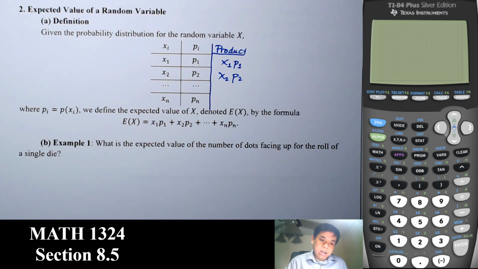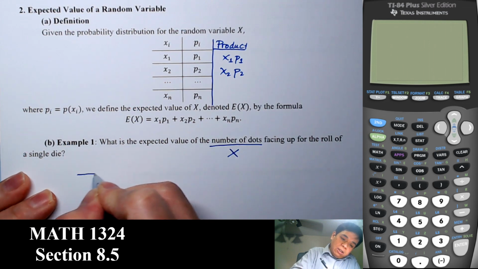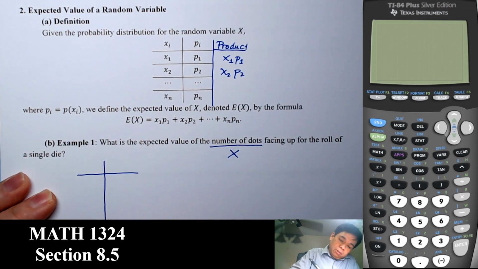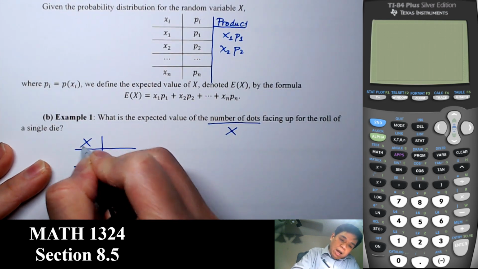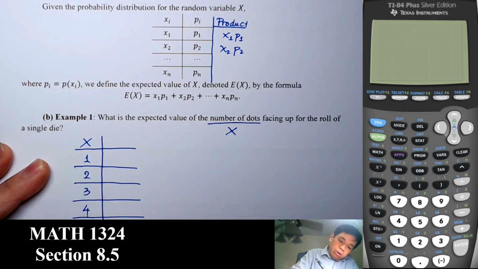Let's look at this. What is the expected value of the number of dots facing up on the roll of a single die? So the number of dots here is the random variable x. So we may have 1 dot, 2, 3, 4, 5, or 6.